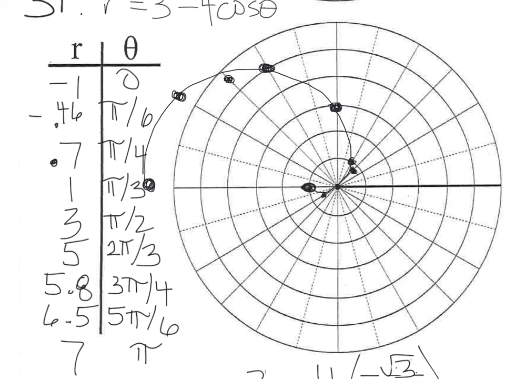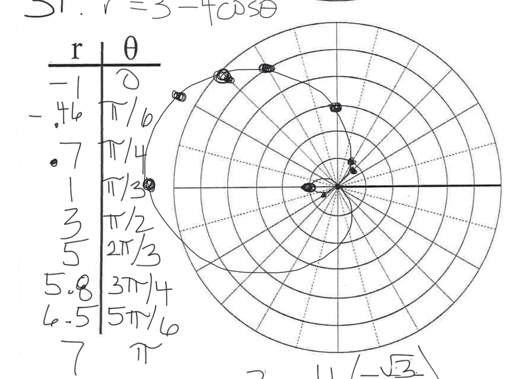Now, if we reflect this, since it is symmetrical about the polar axis, we would have the same sort of behavior going like that. And of course, if we did more points from 0 to 2 pi, we would see those evolve the same, probably a little more accurate. And note, I did miss that one, but hopefully you get the idea.